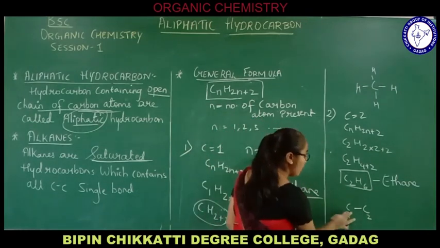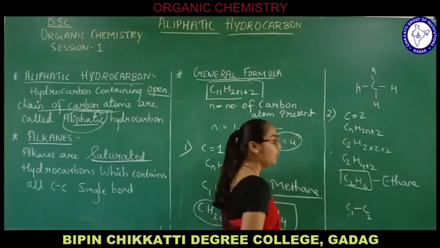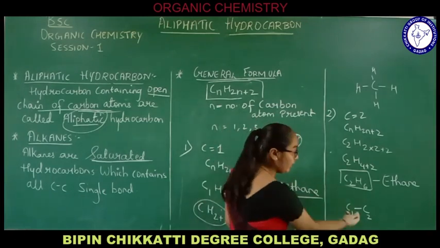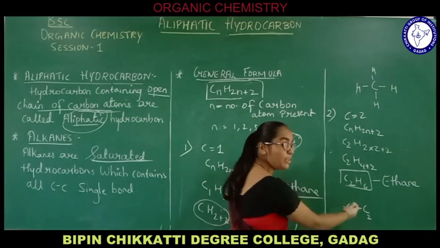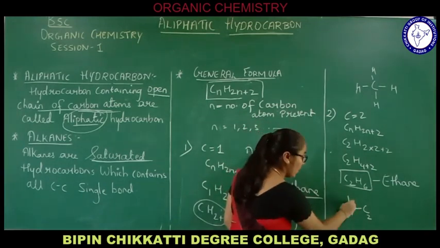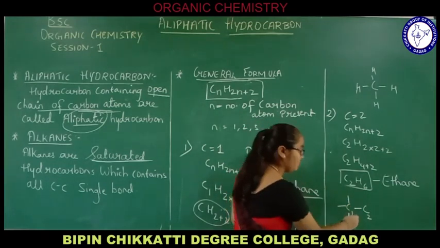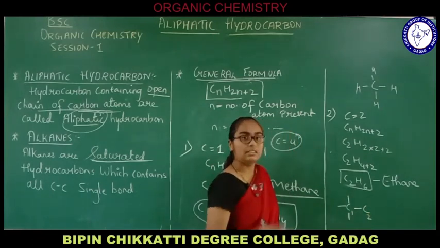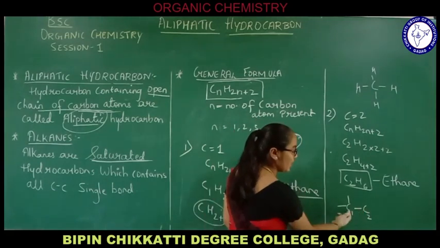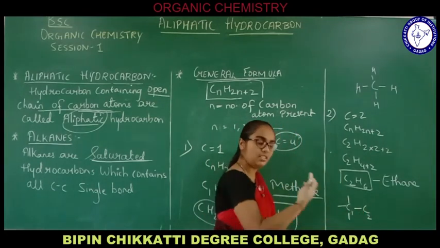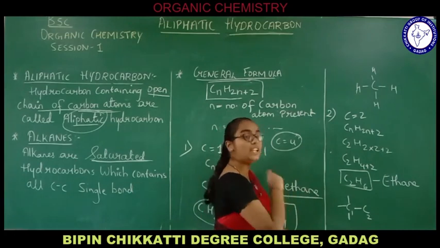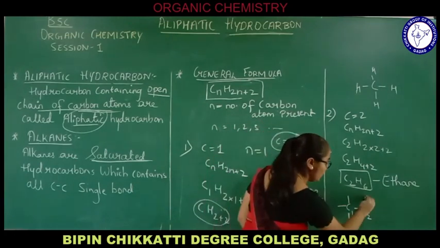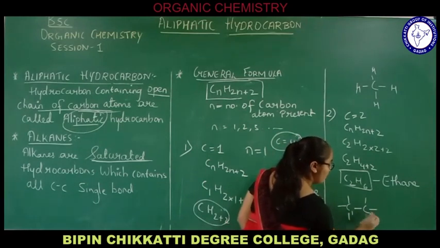Now carbon number 1 will make 4 bonds. Already 1 bond is here. How many more bonds are needed? 3 bonds: 1, 2, 3. Now let's talk about carbon number 2. The second carbon atom also needs 4 bonds. 1 bond is utilized to combine with the neighboring carbon atom. The remaining 3 bonds will be utilized too: 1, 2, 3.